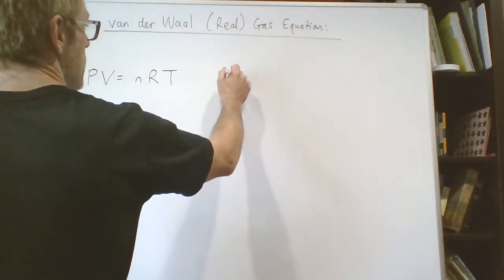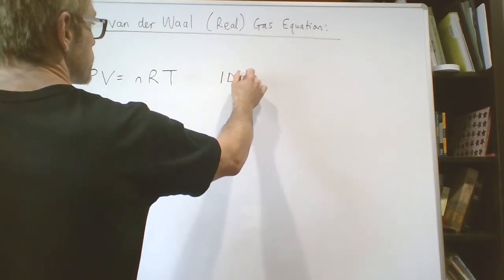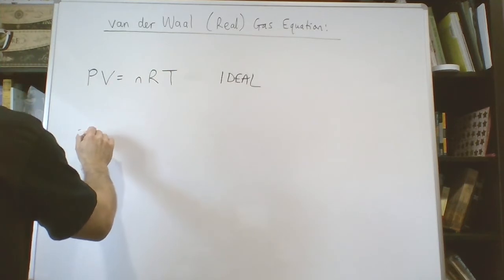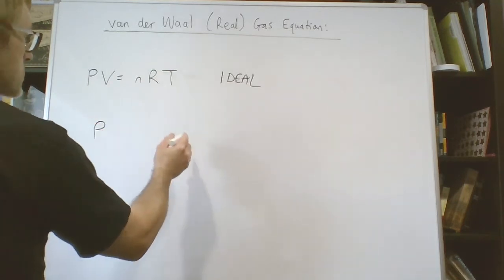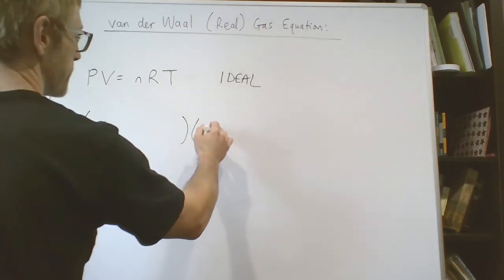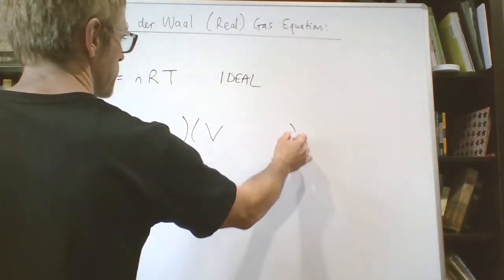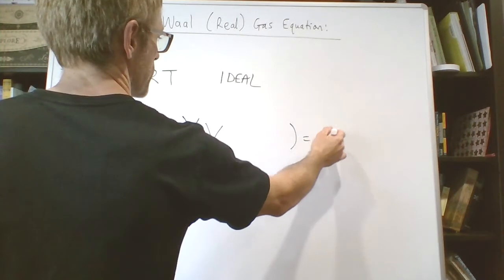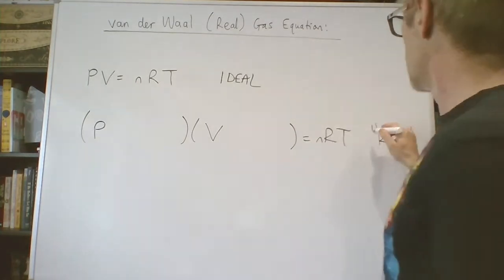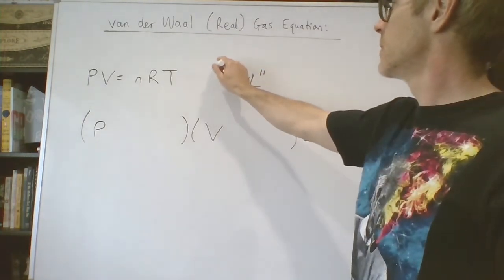So this is ideal. The real, or the van der Waals, there's going to be a correction to pressure and a correction to volume. So we'll call this real, and this is ideal.